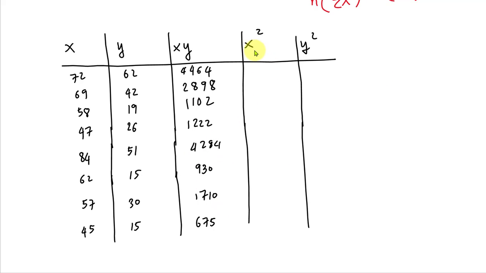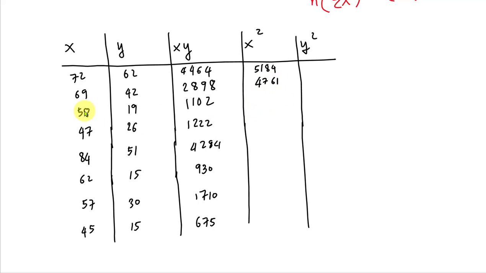And then next column, we are looking for the x squared. So we take whatever the x is here, we multiply by itself. So 72 squared, or 72 multiplied by 72, that gives me 5184. And then I have 69 squared, 69 multiplied by 69, that is 4761.